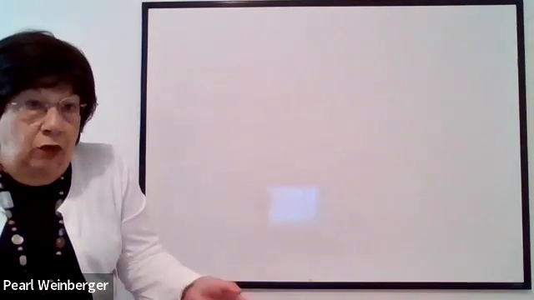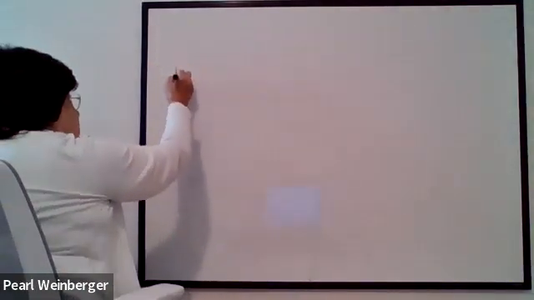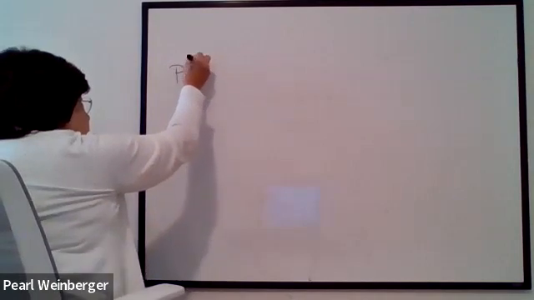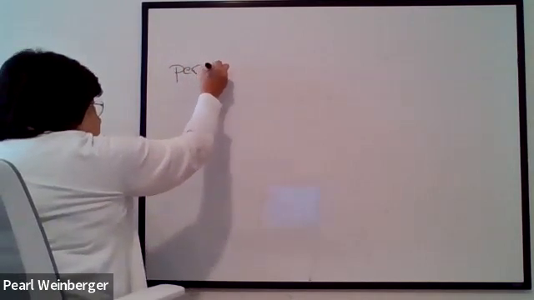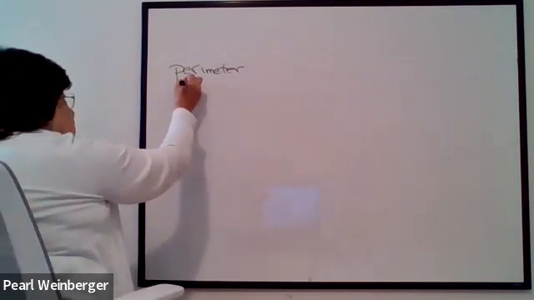And I'm not going to do them all in one session. I'm going to disperse them through different parts of the term, depending on what kind of equations we're going to be using. So today I want to talk about solving perimeter problems, and specifically the perimeter of a rectangle.